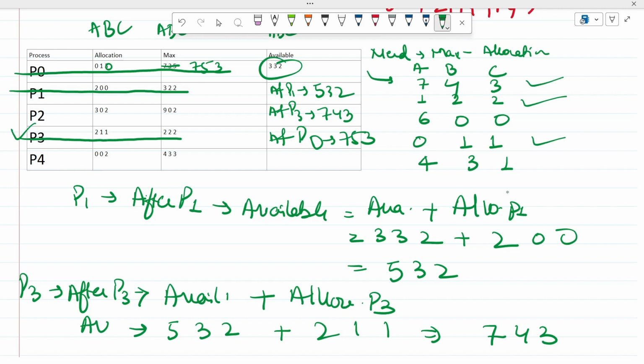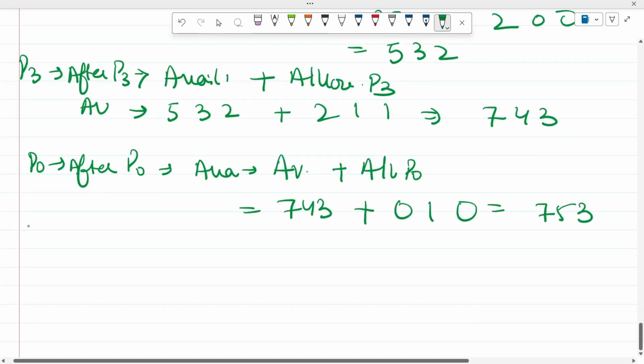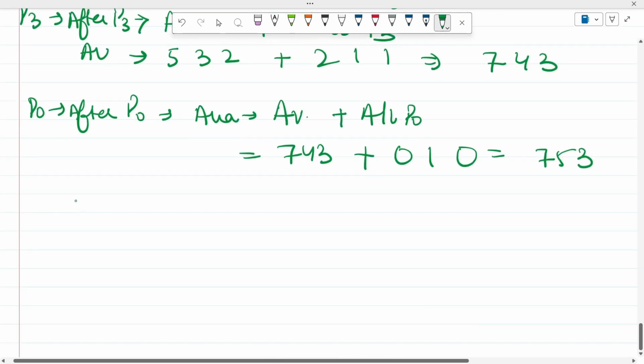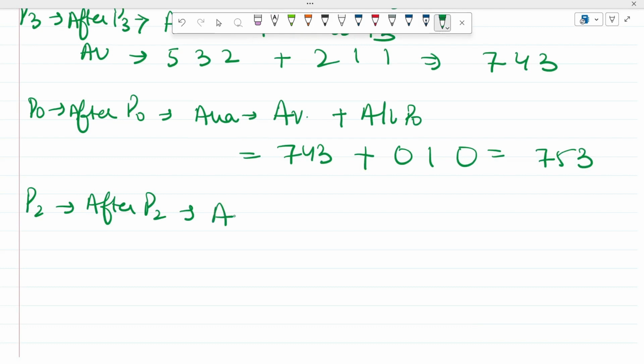Now you can satisfy, let's say I'll go with P2. It needed 600. We have 753. So the process is P2. After completion of P2, the available is currently available plus allocated to P2.